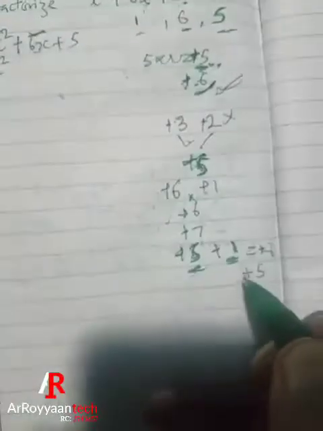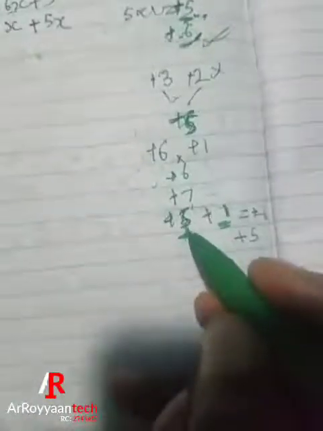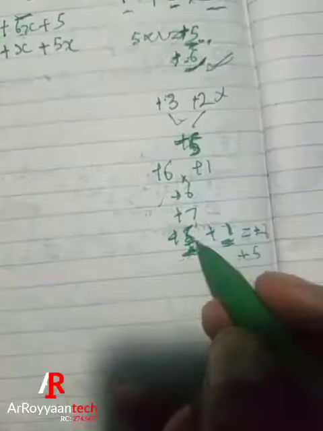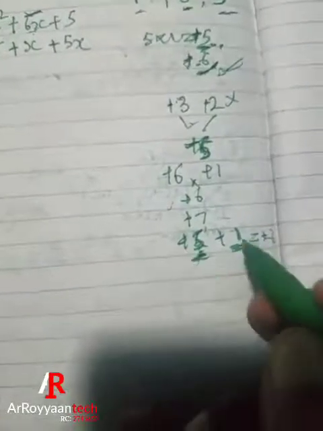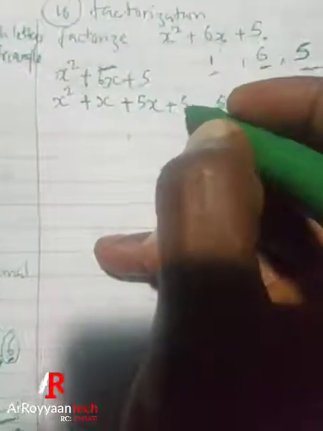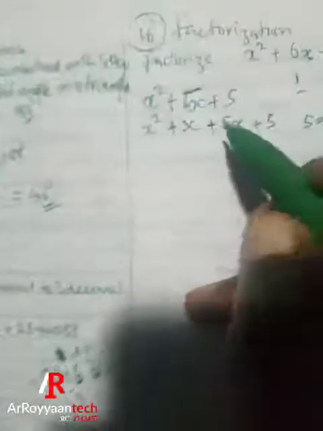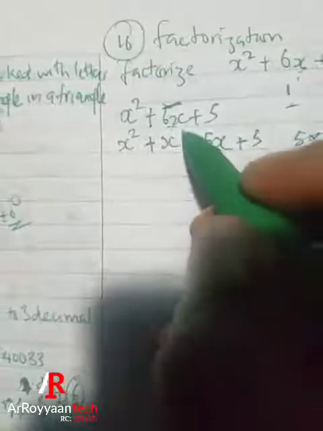So we have x squared, plus 1x, that's plus x, plus 5x. We are using plus 5 and plus 1 here. Then we bring this one out, plus 5.